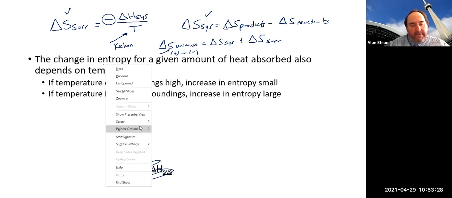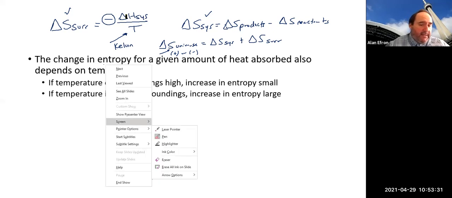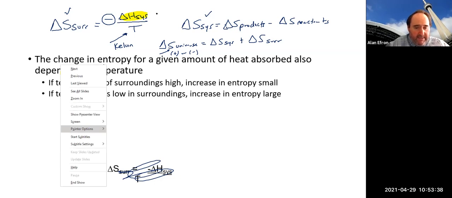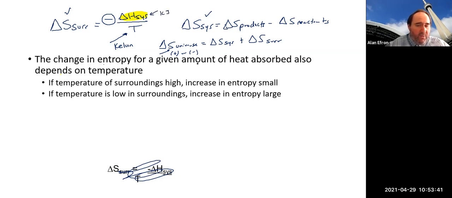Again, I've been talking a little bit about units. Delta H's are typically going to be in kilojoules. When you look up in that table like we did in the previous example, this guy is typically going to be in joules, which means when you add them together, if you're not careful and you leave this one in kilojoules and add it to the other that's in joules, you're going to be off.